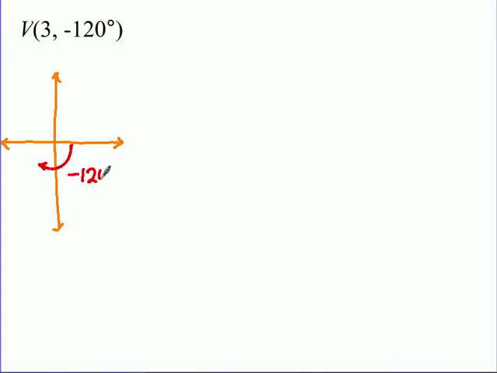That's where negative 120 is. So I need to find the positive angle, which starts here and goes all the way around. So 240. I'm going to treat that as 240 degrees instead of negative 120.